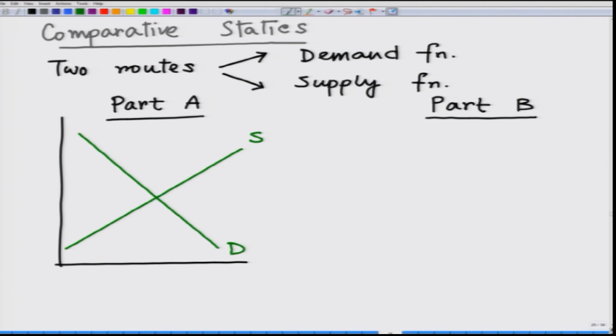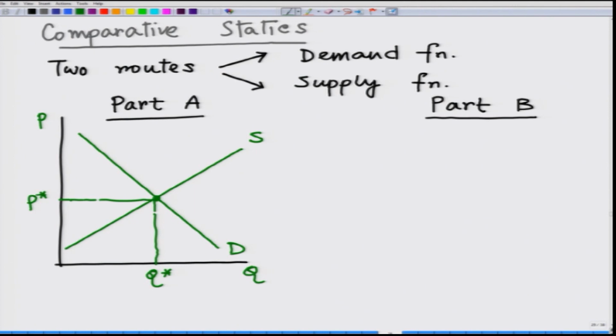Here we have drawn the demand and supply functions of a simple market, and this is the equilibrium that this model has. So, we have a P star and we have Q star. Oops, I forgot to label the axis. Never forget to label the axis when you are drawing an economic diagram.